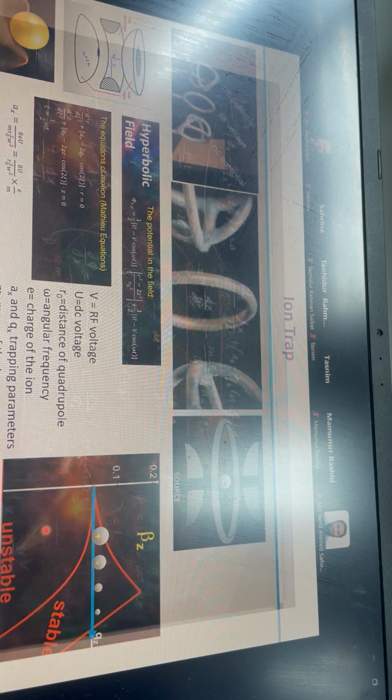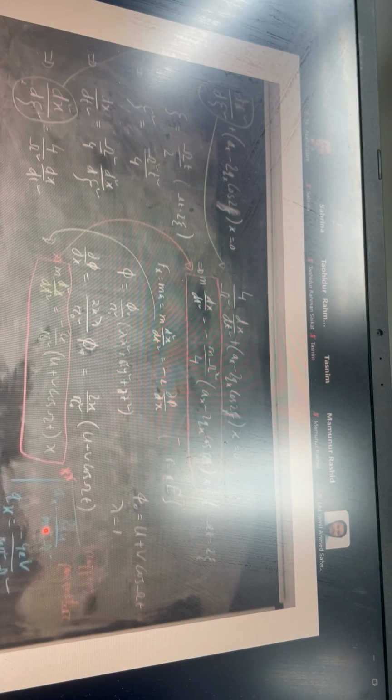So this is very complicated physics, but during my PhD I tried to understand how this Mathieu equation works. I started with F equals ma, from Newton's second law of motion. I think all of you kind of know F equals ma, where a is the acceleration, and then you also need to use a little bit of calculus, and if you do all those things, eventually you will get this trapping parameter.